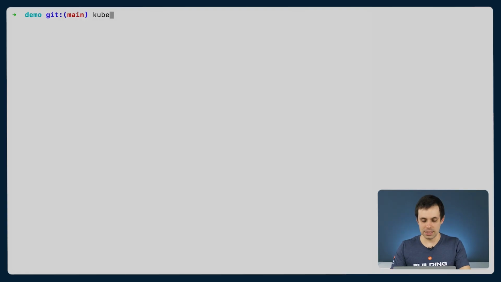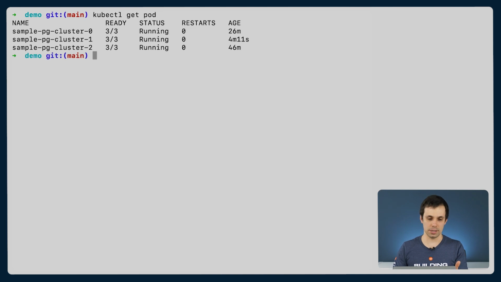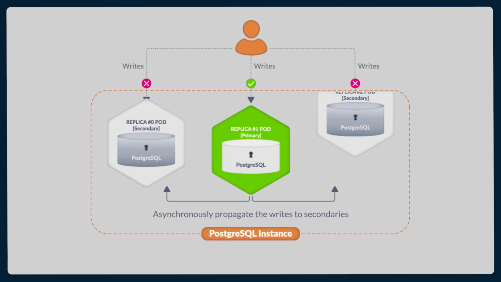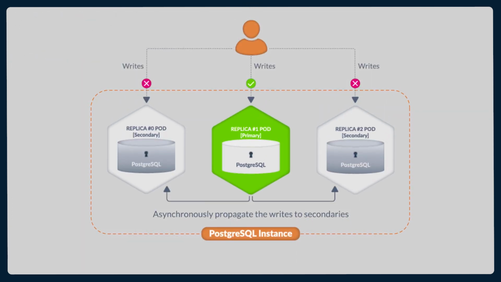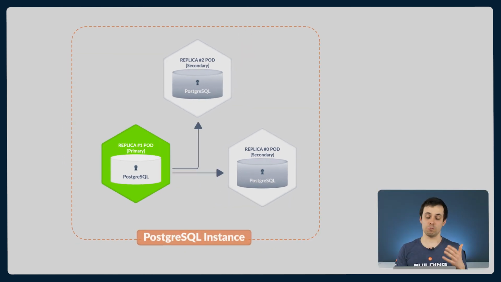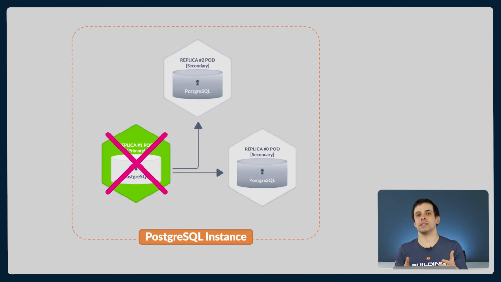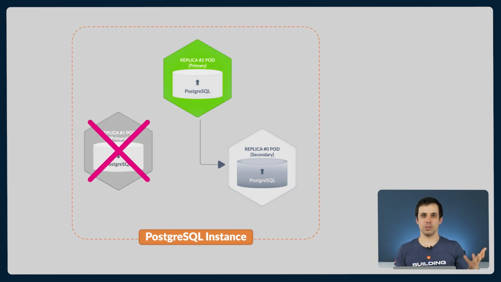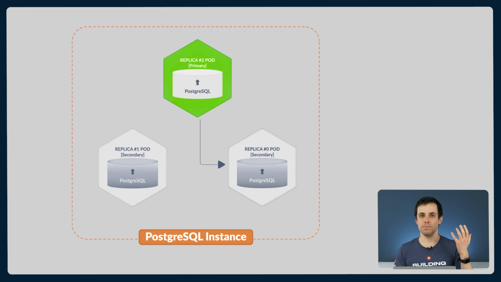And we can verify this by looking at the pods that we have. If we do kubectl get pod, we can see that we have 3 pods up and running, 1 for each replica. So what happened as soon as the old primary, sample PG cluster 1, died, was not only that a new primary was elected among the 2 other replicas, but also that a replacement for the old primary pod was immediately created by any8s.